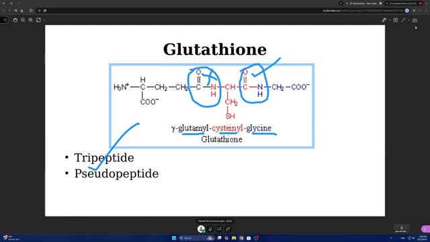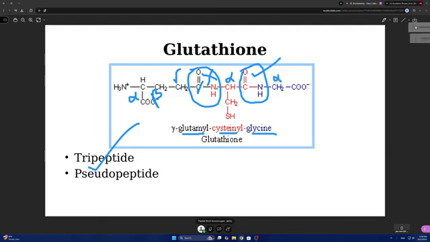We already discussed why it is false and why it is true, because the carboxyl group is linked with the gamma carbon. This is alpha carbon, this is beta carbon, and this is gamma carbon. So the carboxyl group here is linked with the gamma carbon, whereas the amine group is linked with the alpha carbon. In the true bond, the carboxyl group is linked with alpha carbon, and the amine group is linked with the alpha carbon.